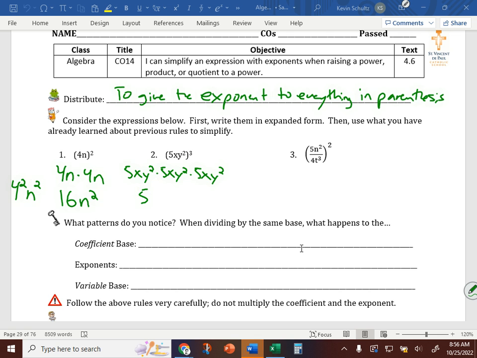We can write that as 5 cubed. Not 5 to the negative third, 5 cubed. Right? And then how many x's do we have total all being multiplied together? 3 of them, so x cubed. And how many y's do we have total all being multiplied together? 6, right? 2, 2, and 2.